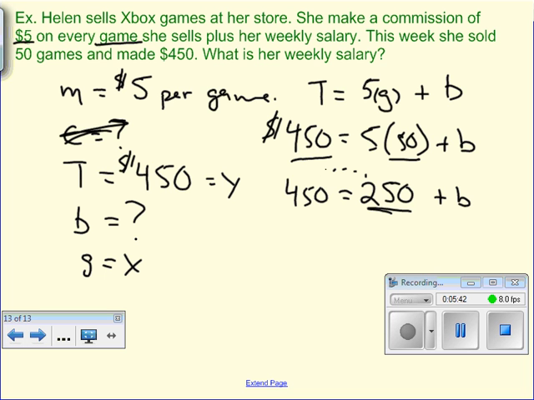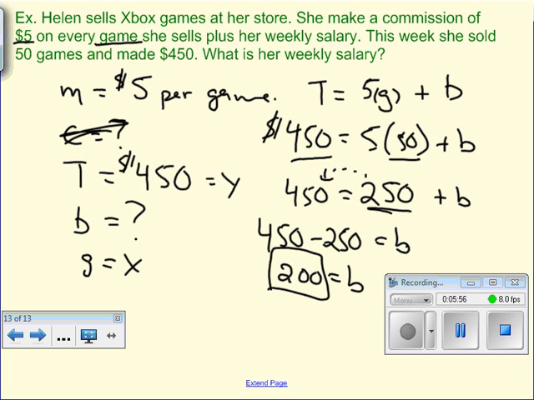I'm going to bring this over to this side. 450, since I brought it over, I changed the sign, minus 250 equals b. 450 minus 250, well, that's 200. So 200 is her weekly salary, and she made $250 in commission because she had a good week and sold 50 games. So this is using a point and the slope to figure out the equation of a line.